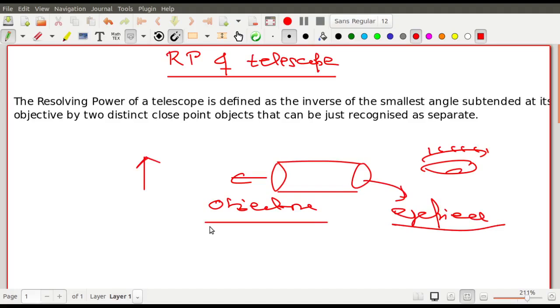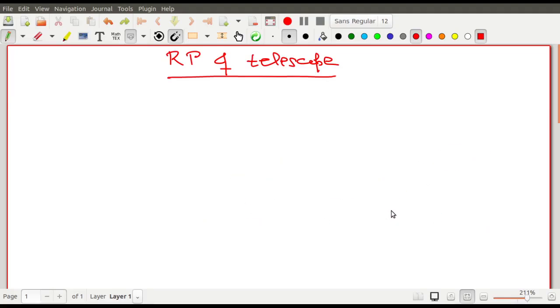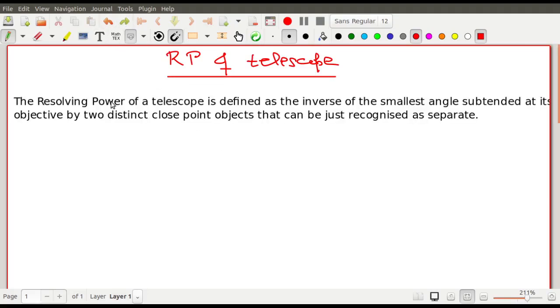One is the objective lens system towards the object, and then there is the eyepiece towards the eye, and this is movable. By moving it we can focus it properly. So here I call it the objective. The resolving power is the inverse of the smallest angle subtended at its objective by two distinct close point objects that can be just recognized as separate.